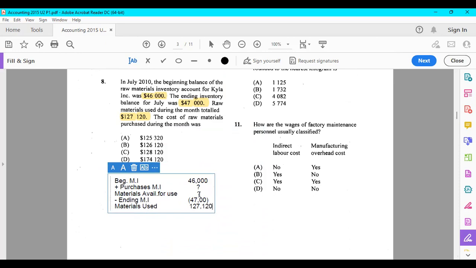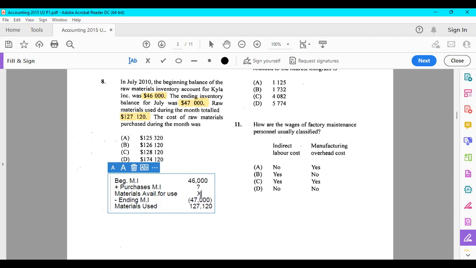So we know that a number, let's call this number X, minus $47,000 is supposed to give us $127,120. How are you going to know what this X is? Basic algebra. X minus 47,000 is equal to 127,120.